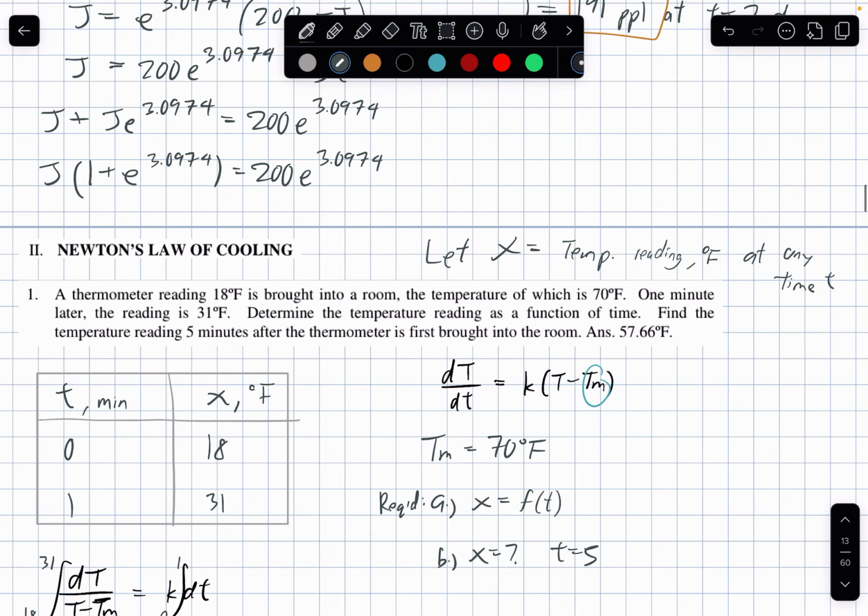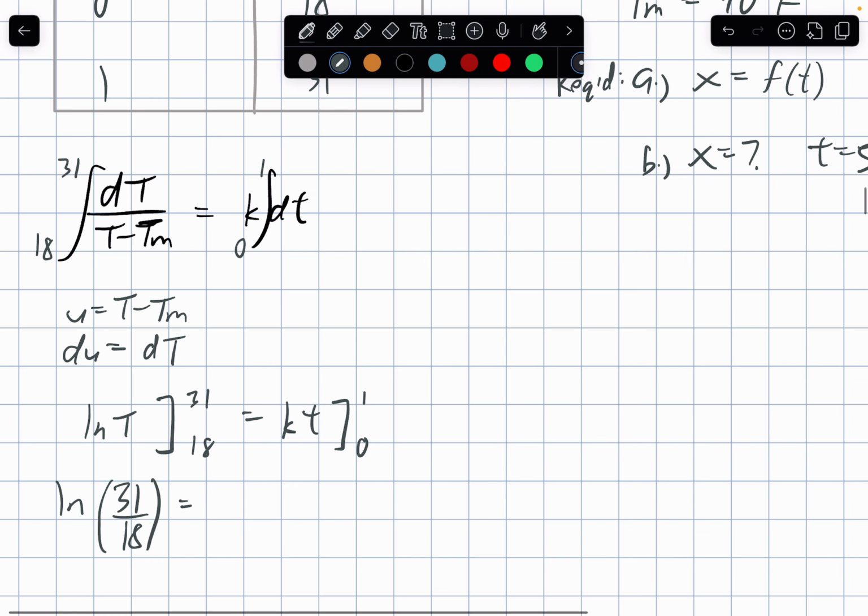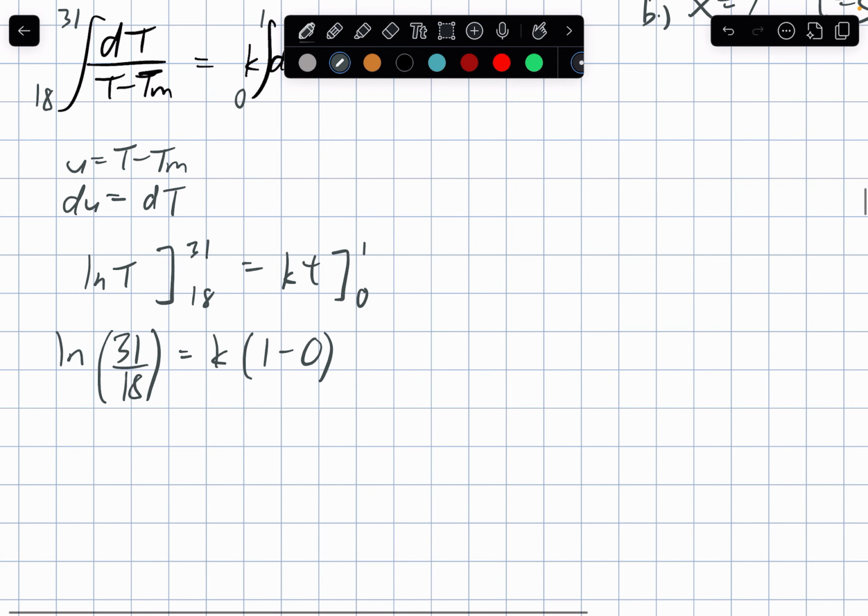Sorry. We're not gonna use x, we're gonna use T, T as in the temperature. k times 1 minus 0. k is equal to this one itself. Let's see. ln of 31 over 18 is 0.5436.